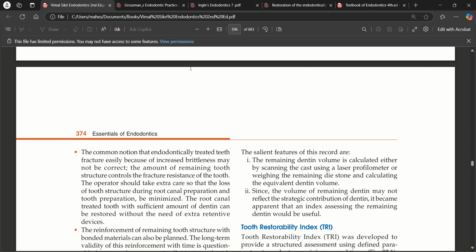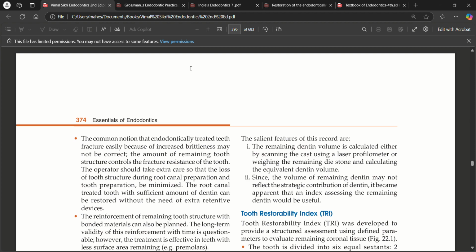The operator should take extra care so that the loss of tooth structure during root canal preparation and tooth preparation is minimized. A root canal treated tooth with a sufficient amount of dentin can be restored without the need of extra retentive devices.